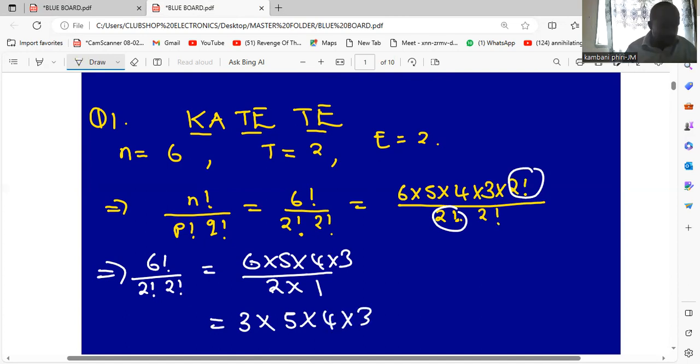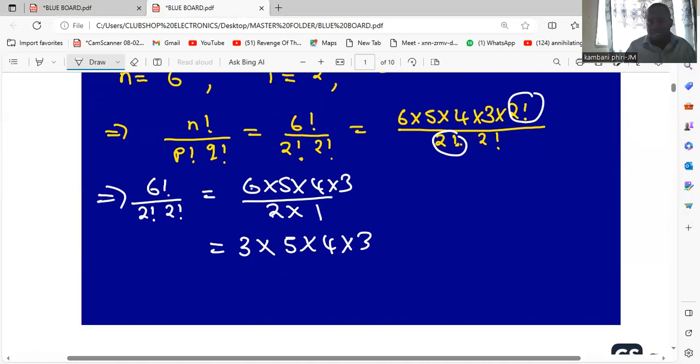So we can work out this as 3 by 5 by 4 by 3, and we get 180. I'm just trying to verify, using the first expression, 6 by 5 by 4 by 3.